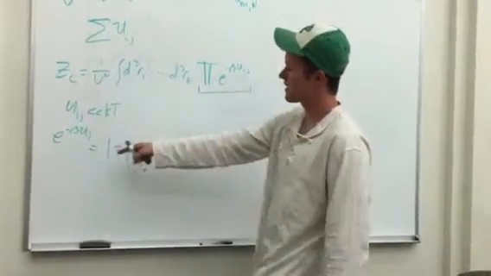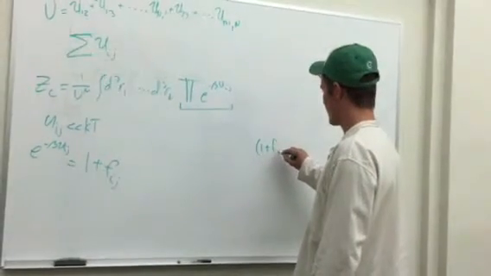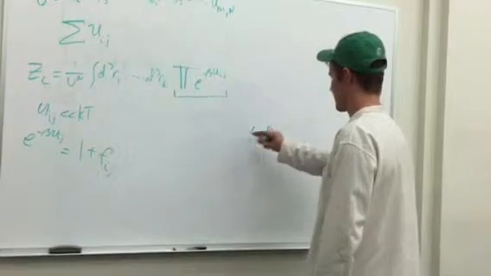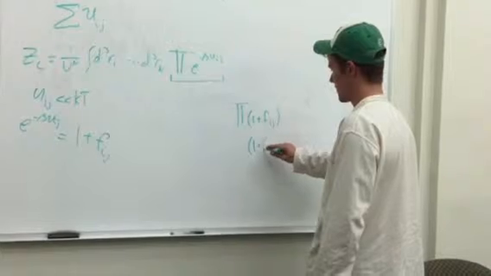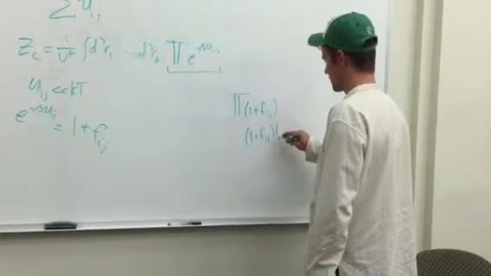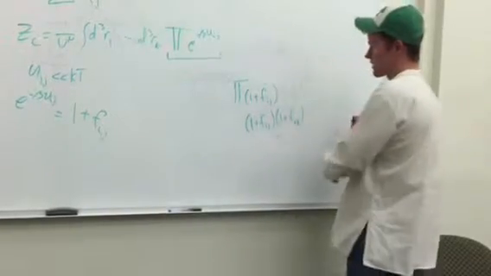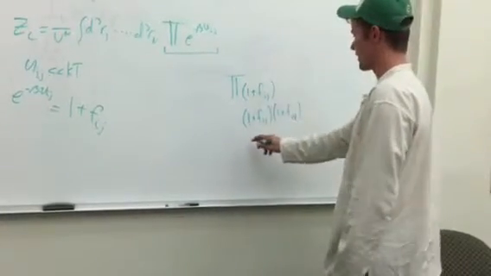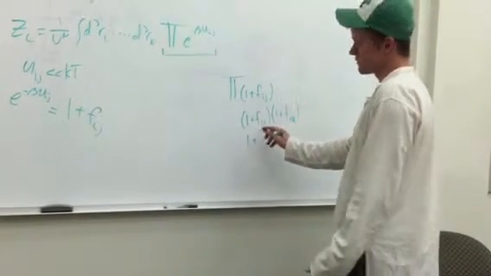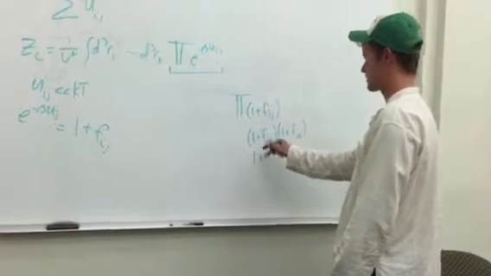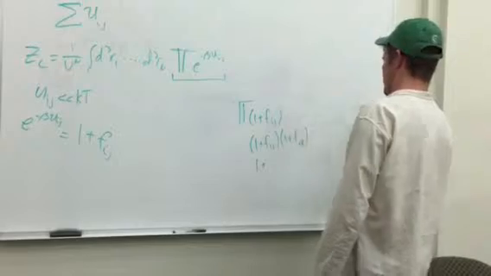So if you took the product of these, you're going to get 1 plus f i j times 1 plus f k l, and there's a lot of these factors. So when you multiply all these out, you're going to get a 1 plus a lot of factors that are just one term, like f i j, because you have 1 times 1, and then you have f i j times 1 times 1 times 1.